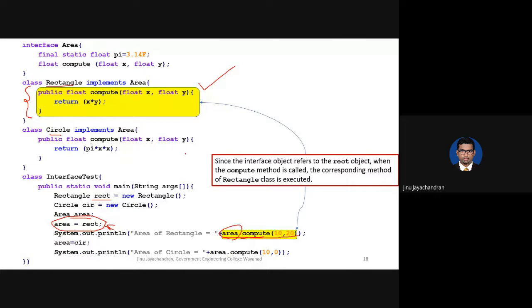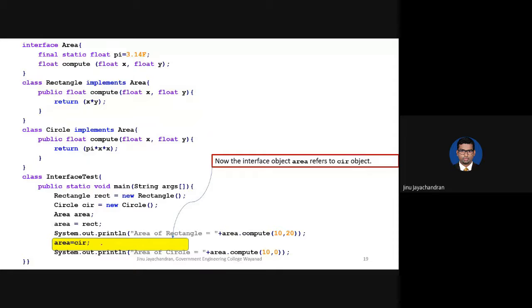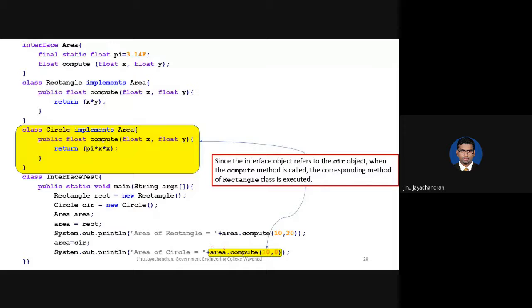Okay. In the next step, I am assigning the interface area to the object of circle, which is circ. And when I call area.compute, instead of calling the function compute inside the rectangle class, it will call the function compute inside the circle class. Okay.